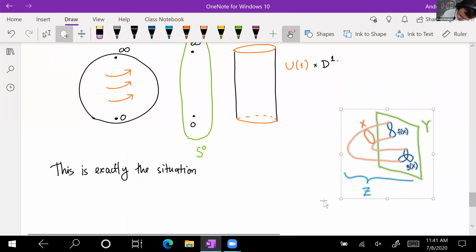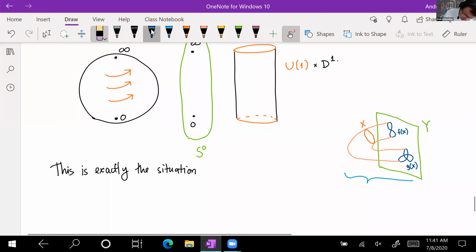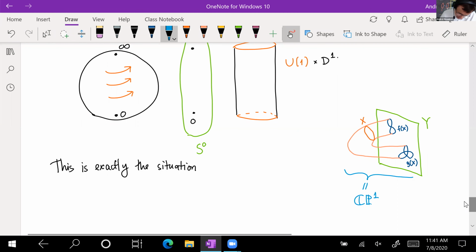So with this being my CP1, and then X is just a free orbit. So X is just U1 cross. X is U1.